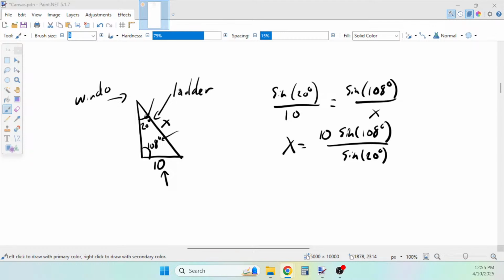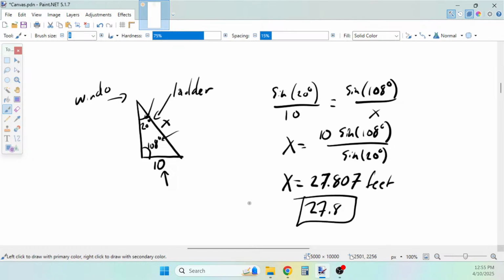I do that, and it tells me that the ladder is about 27 feet. Rounded to the tenth, that rounds to 27 feet.